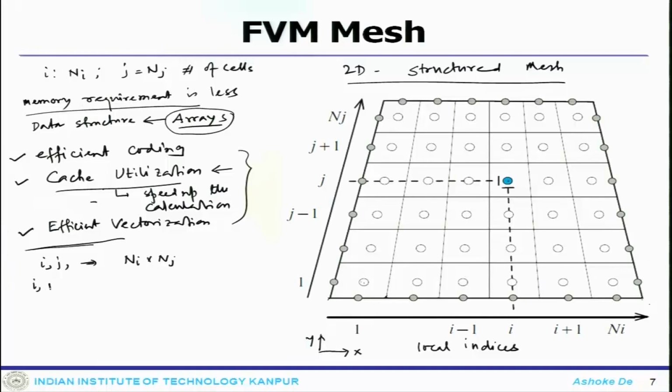If it is I j k, then it would be Ni into Nj into Nk. So that is how you keep track of the arrays. So we will stop here today, and we will take from here in the follow up lectures.